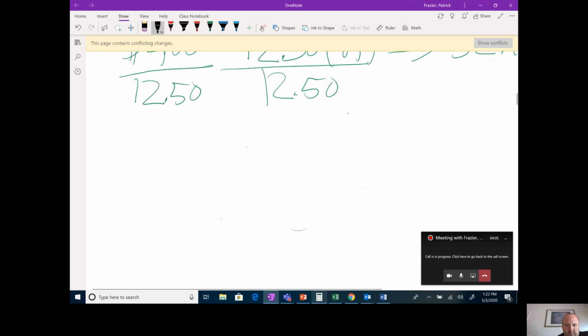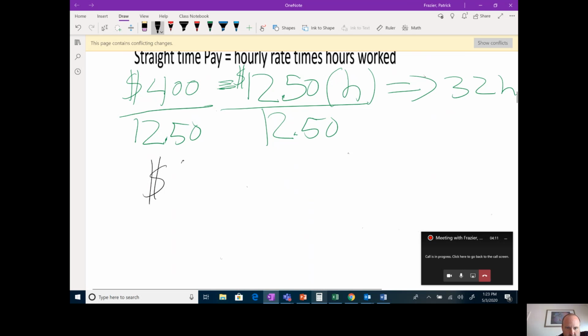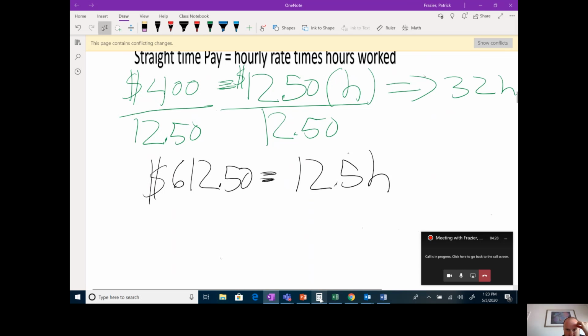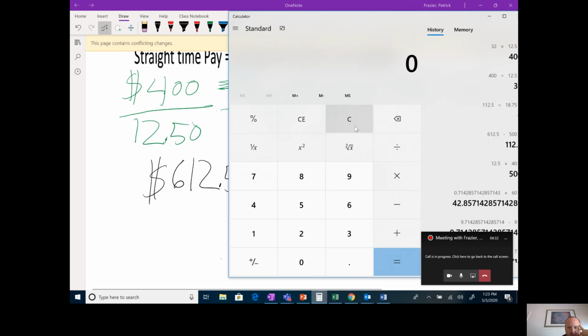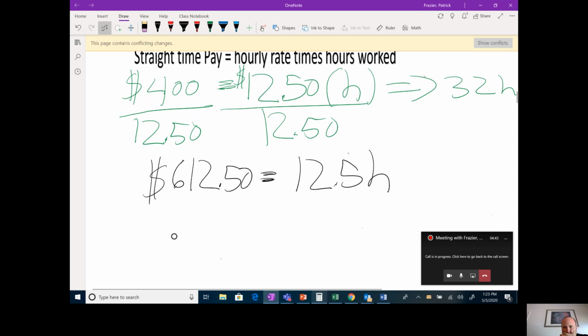What if we deployed the same logic and said $612.50 is equal to 12.50 an hour times hours. And then, of course, we're just going to divide $612.50 by 12.50. 612.5 divided by 12.5 is 49 hours. So that would equal 49.